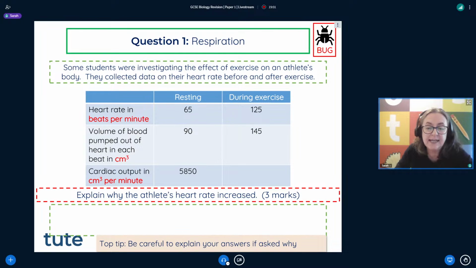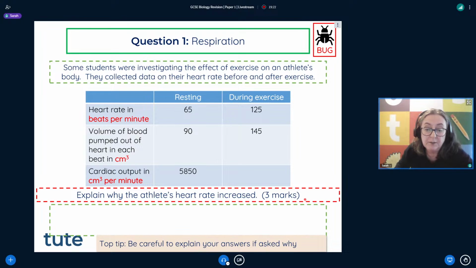The next question is an explain question, where you're asked to explain why the athlete's heart rate has increased. So again, you're thinking BUG, you're thinking box the word that is the command word, say why the athlete's heart rate increased. That's what you really want to identify here.